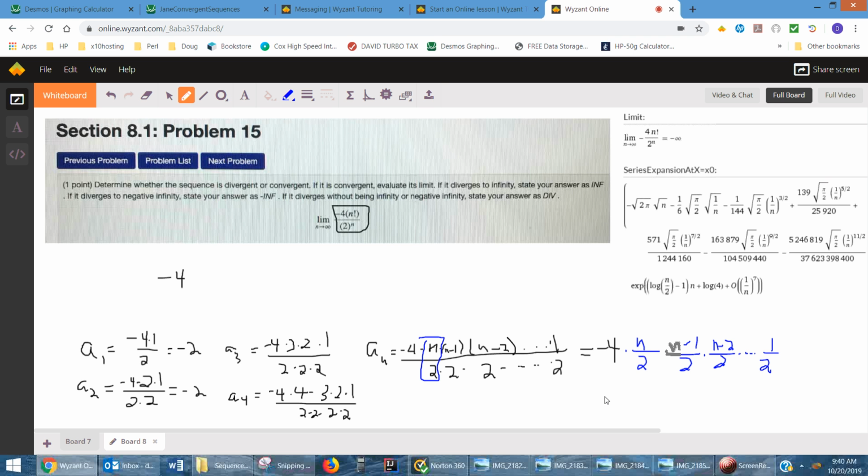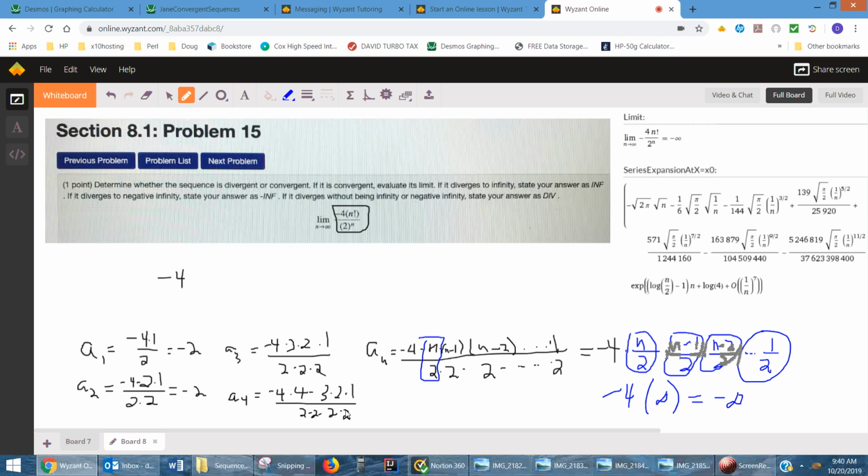And so I could break this apart into the product of the limits, and I can see that each of these, as n approaches infinity, also approaches infinity. So I'm just getting negative 4 times infinity, or negative infinity.